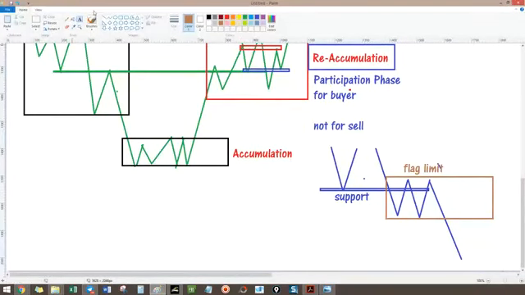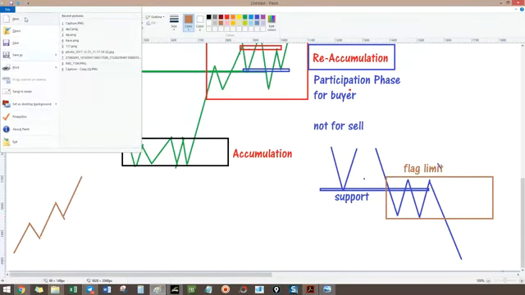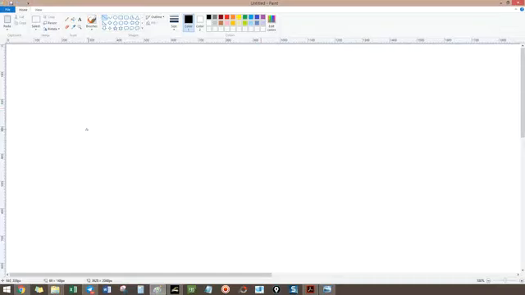For example, you have an uptrend like this, uptrend like this, uptrend like this. I think I need to delete all, delete all new one, don't save.